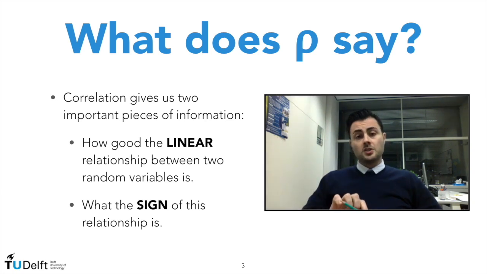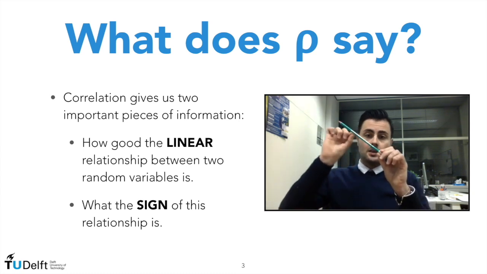The second piece of information is how good this linear relationship is. The higher the correlation in absolute terms, that is to say the closer to 1 or the closer to -1, the better our linear relationship describes the dependence between the two random variables x and y. In practice, a correlation of 1 means that all our observations are exactly on a straight line.